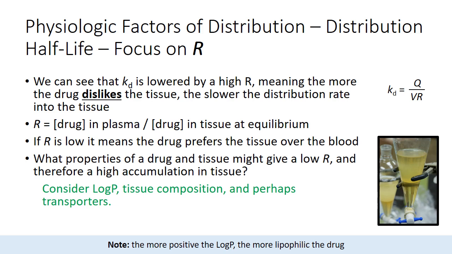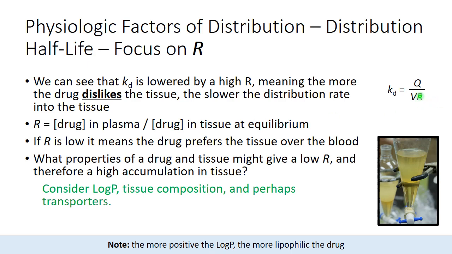So, for example, if we were talking about adipose or fat tissue, what would raise the KD, or the rate of distribution into the fat tissue? Of course, if the drug were lipophilic or had a high log P. That would make this part of the R equation higher, so the concentration of drug in the tissue would be higher at equilibrium because the tissue is fatty and the drug is lipophilic.